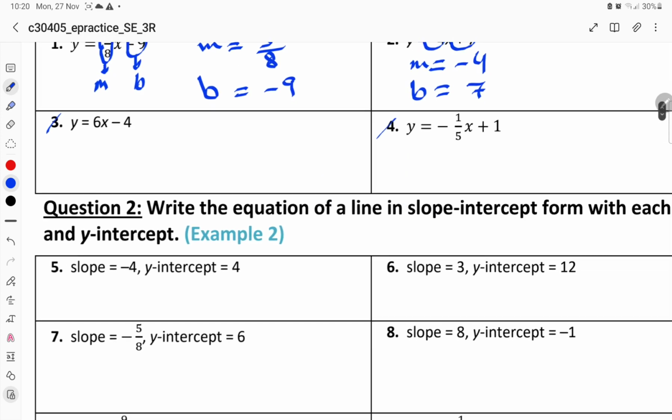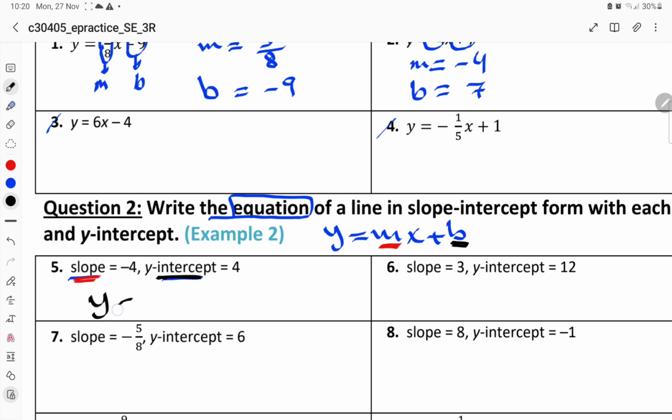Question 2. Write the equation of a line. Now, you are given the slope and you are given the y-intercept and you are asked to get the equation. Again, y equals mx plus b. Where is m? It is the slope. Where is b? It is the y-intercept.